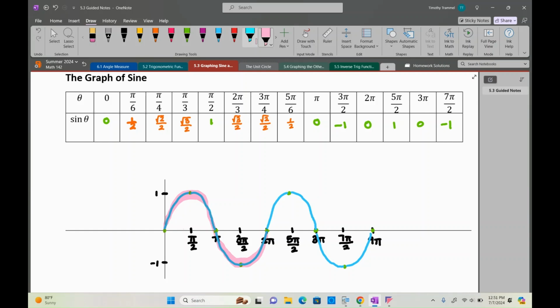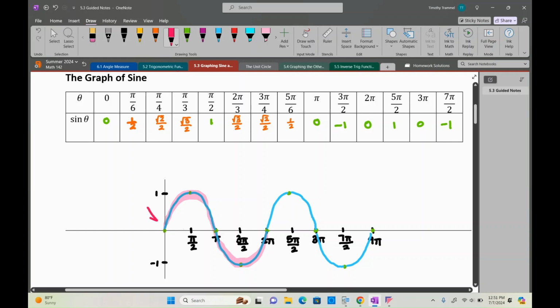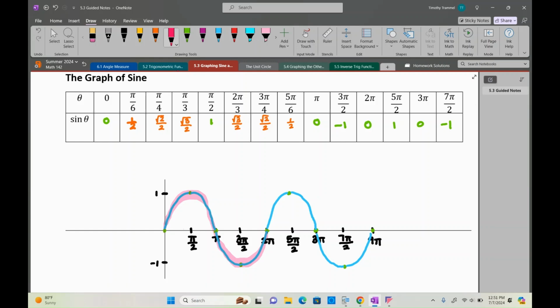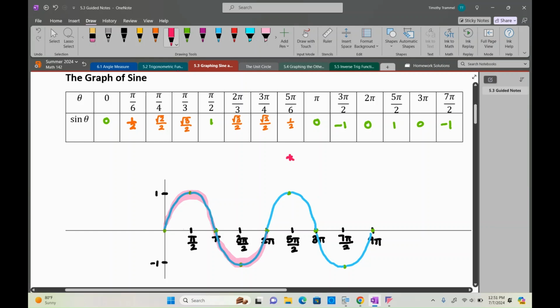Okay. And so one of the things I tell myself is that sine starts at the middle of the wave. You can kind of see here when x is 0, sine is 0, or when theta is 0, sine is 0. So I just always make that note.